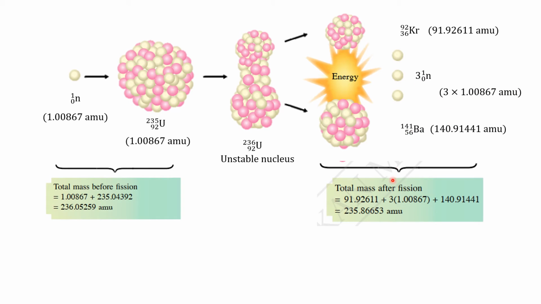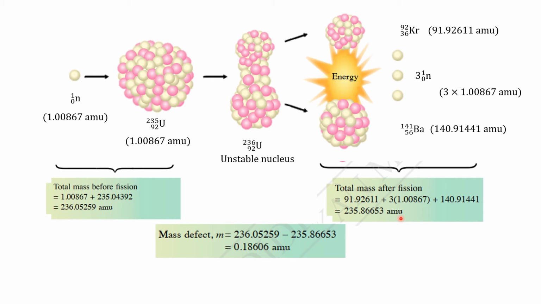Sum up the mass after fission, which is equal to 235.86653 AMU. So mass defect is the total mass before fission minus the total mass after fission. So the mass defect is equal to 0.18606 AMU.